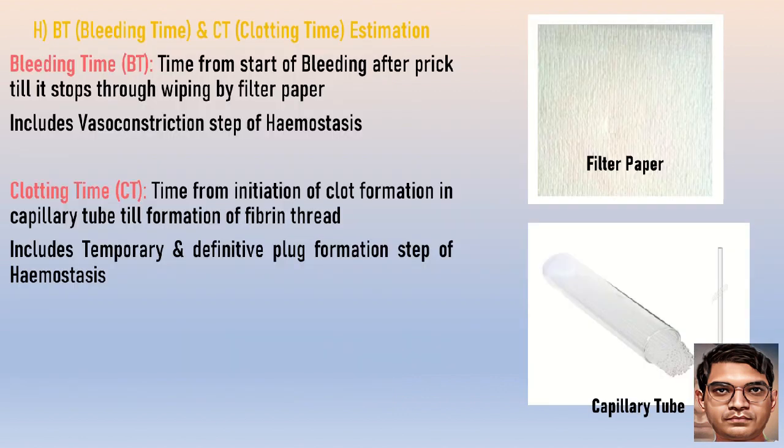Before starting with the procedure of bleeding time and clotting time, let's see the difference between bleeding time and clotting time. Bleeding time is the time from the start of bleeding after a prick till it stops, through wiping with filter paper, whereas clotting time is the time from initiation of clot formation in the capillary tube till the formation of fibrin thread.